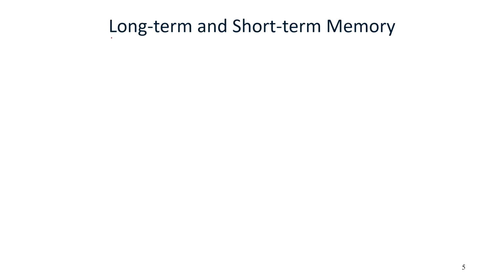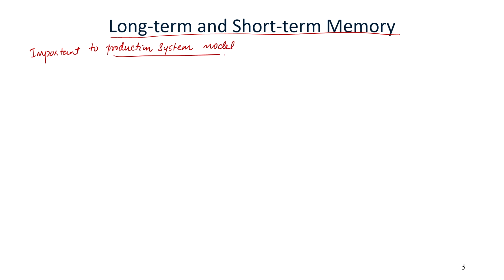Now, let us talk about another key term, which is long term and short term memory. This is critical, because what we are going to discuss now is the production system model. If you remember, the production system model is one of the ways knowledge is represented.